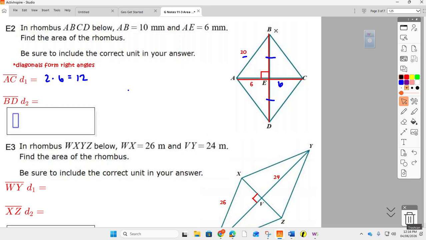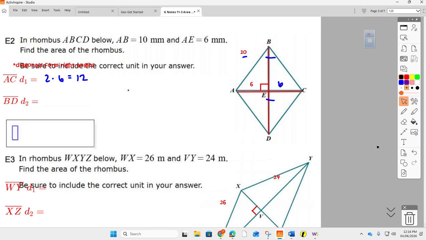So while we do not know the length of either part of that diagonal, we do have enough information to find the length of BE, and then we could multiply it by 2, right? How can we find the length of BE if this is a right triangle? Anybody have an idea? Xavier? The Pythagorean theorem. Great. That's exactly what I would do.